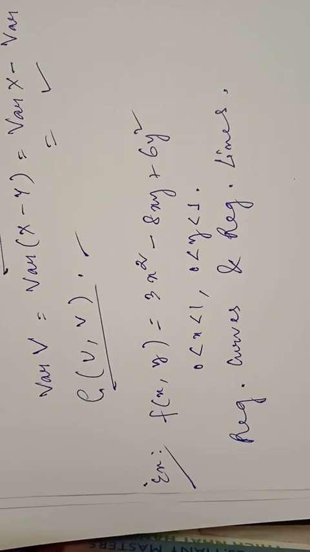Very simple question. We know all the formula. We just need to calculate it one by one and put it in the formula. I am giving the hint. Regression line and the regression curves.